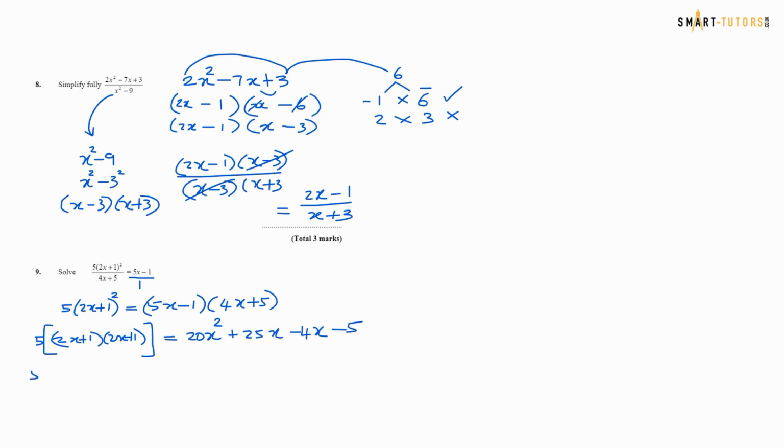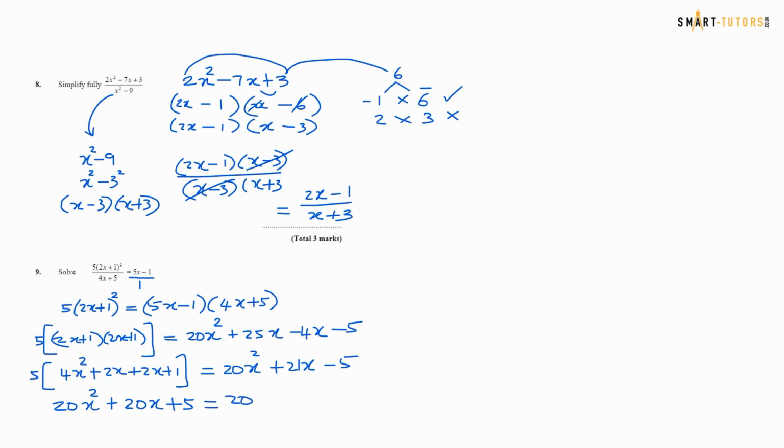So here I'm going to be expanding the brackets. 4x squared plus 2x plus 2x plus 1, equals 20x squared plus 21x minus 5. So 20x squared, this 2x plus 2x is 4x, times 5 is 20x, plus 5, equals 20x squared plus 21x minus 5.